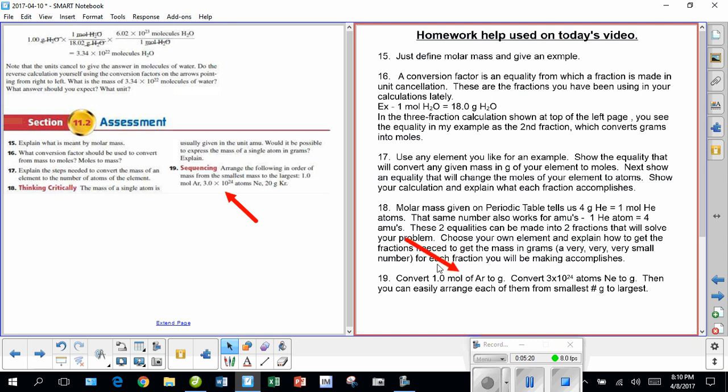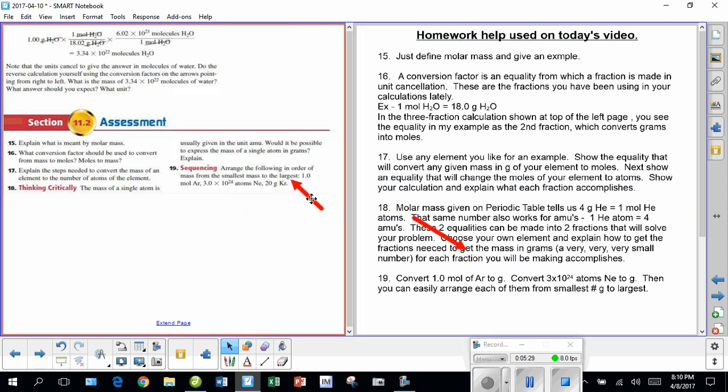This one is just 2. Then you can easily compare all of the 3 given, which are over here, smallest to largest: 1 mole of argon and 3.0 atoms of neon, and they gave you the krypton already in grams.